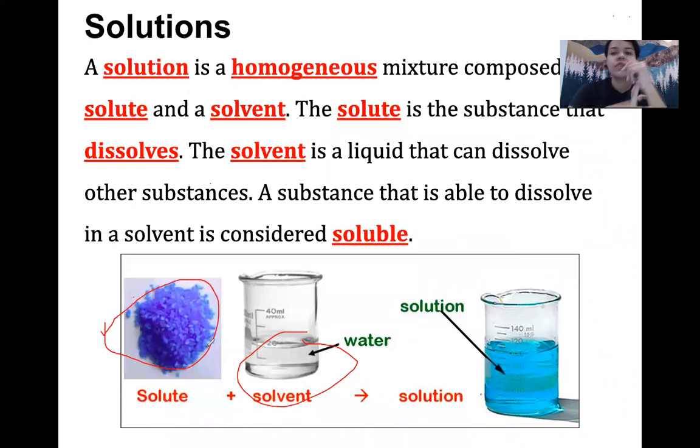If it's non-soluble, that means when you put them together, they're not dissolving. It's just going to be liquid and some powder inside. So solute plus solvent equals solution. The solute is the solid, the solvent is the water, then your solution is this clear blue liquid. We have done this in class, in a little experiment, I believe.